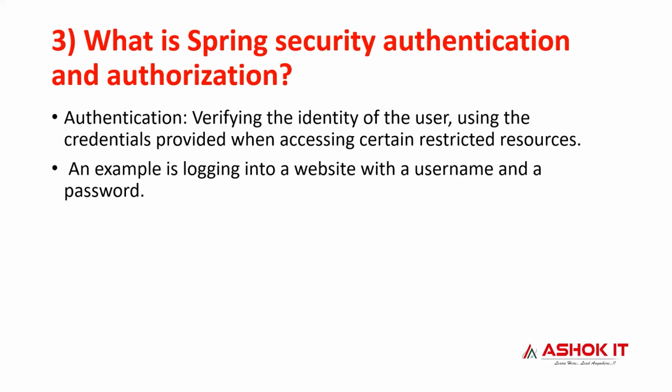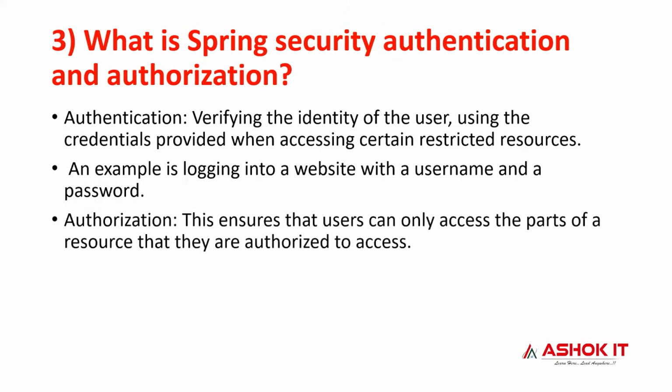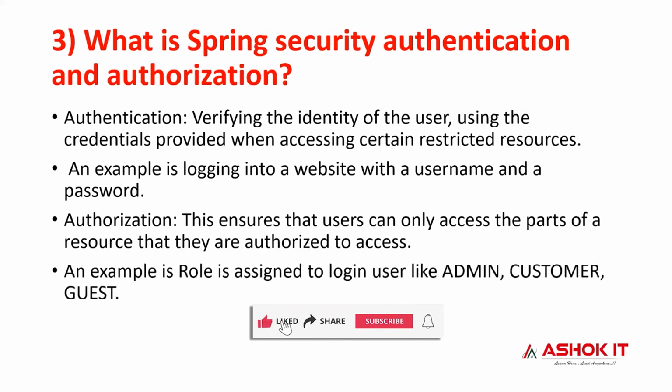That is called authentication. Authorization indicates who can access what. This is also called a process of roles. For example, in an application a user is logged in, but he will have a role called admin, a role called user, or a role called guest. So based on the role types, it is decided who can access what. That role handling is called authorization.